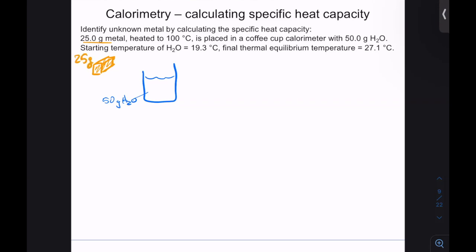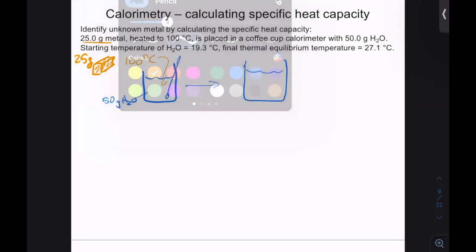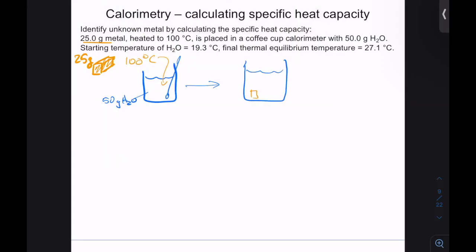And you're going to heat it to 100 degrees Celsius or close to it. And then you put that in the water. And of course, you've got a thermometer in the water. And so you measure what the temperature change of that water is when they reach thermal equilibrium. So here's our metal block in here.